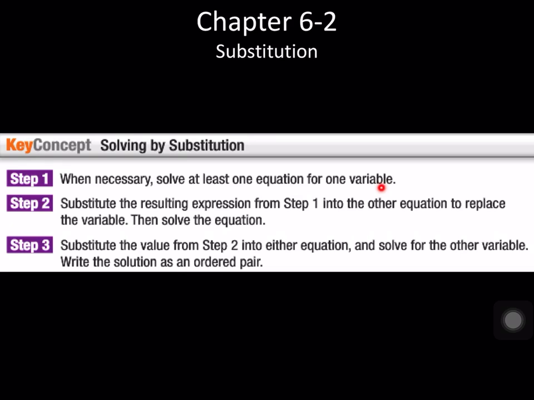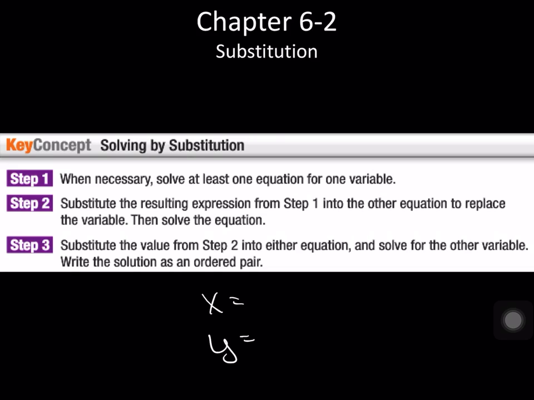We just got through graphing some equations, and so x's and y's is what we're dealing with. So if necessary, solve at least one equation for one variable. In other words, I need to have either x equals something or y equals something, right? I've got to know what one of those variables equals, because that's what I'm going to substitute into the next equation.